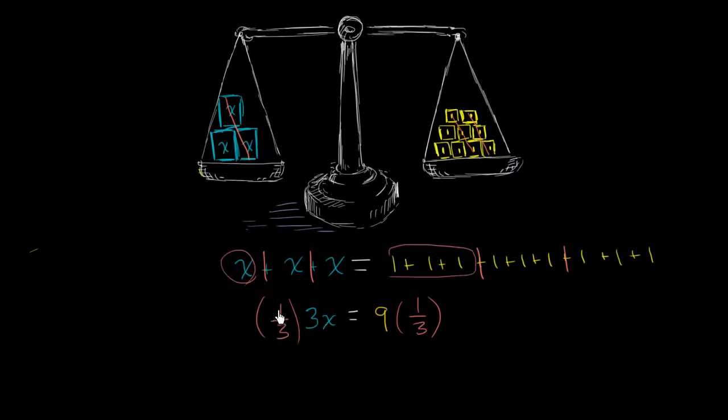Over here, you do the math. 1/3 times 3 is 1, so you're left with 1x. So you're left with x is equal to 9 times 1/3, or you could even view it as 9 divided by 3, which is equal to 3.